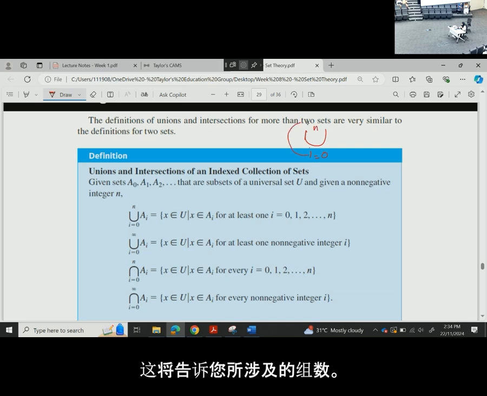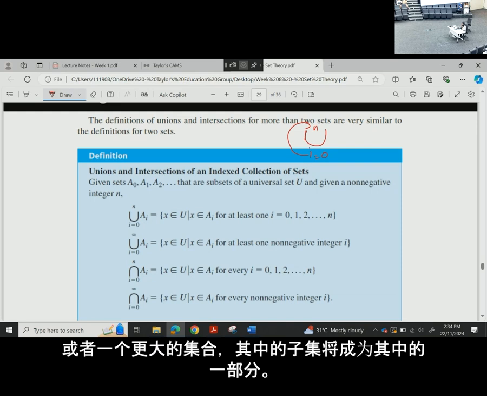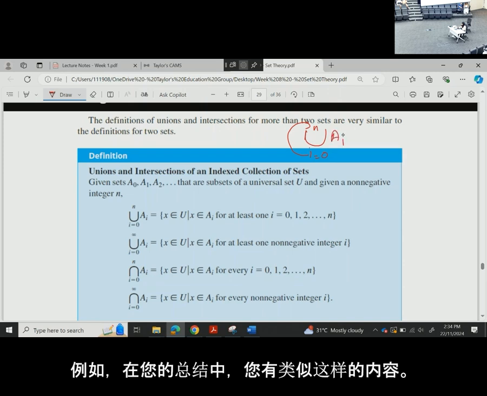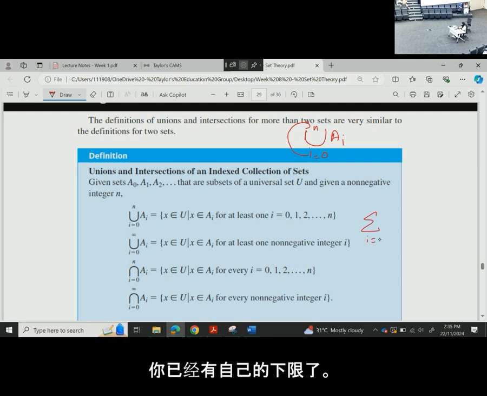This will tell you the number of sets involved, and you will have some universal set or a bigger set, of which the subsets will be part of. Okay, how you will show? For example, in your summation, you had something like this. You had your lower limit, let's say this one, and here you had the formula for the summation.